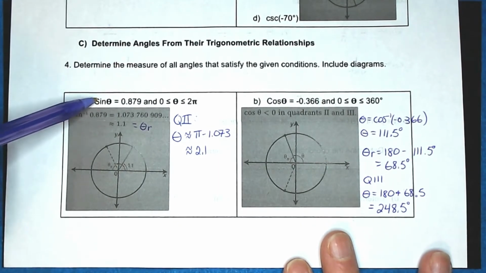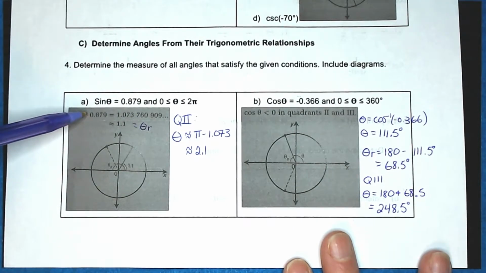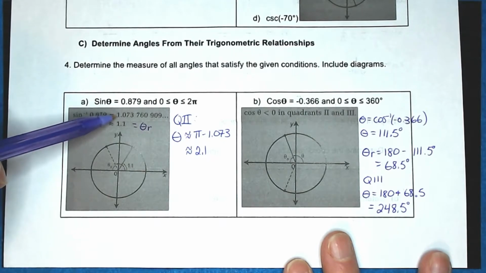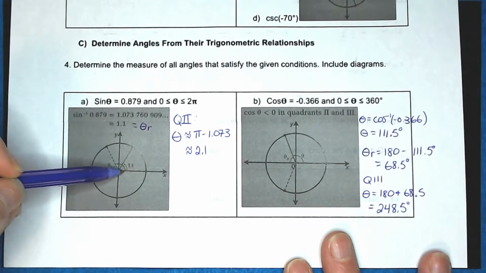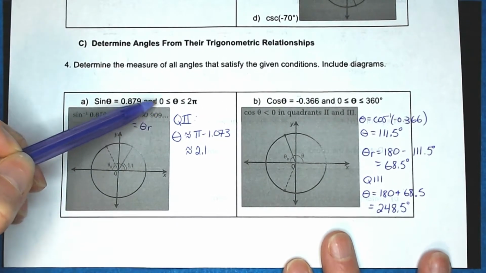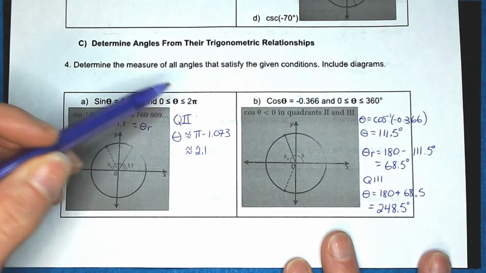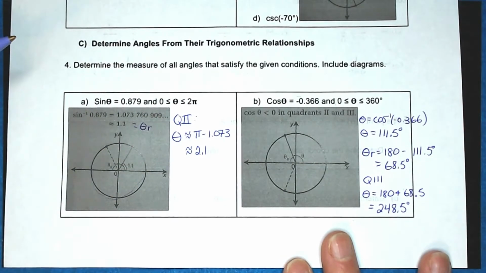So we have sine theta equals 0.879. If you do that in your calculator in radians, that's going to give you about 1.1 rads, which is right here. Okay, but you need to look at this and see that the value of theta falls between 0 and 2 pi. So anywhere in this whole 360 degree or 2 pi rotation.